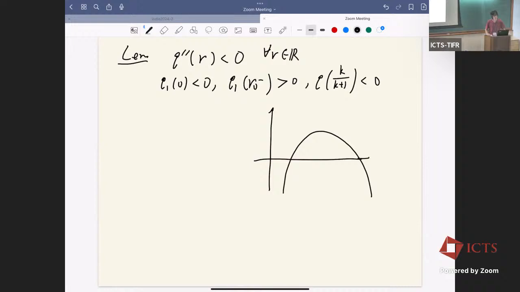So double prime is always negative. So and R naught minus k over k plus 1 here. So there exists a unique solution between here, there's a unique solution here and a unique solution here as well. So we call this S0 and S1. Okay.